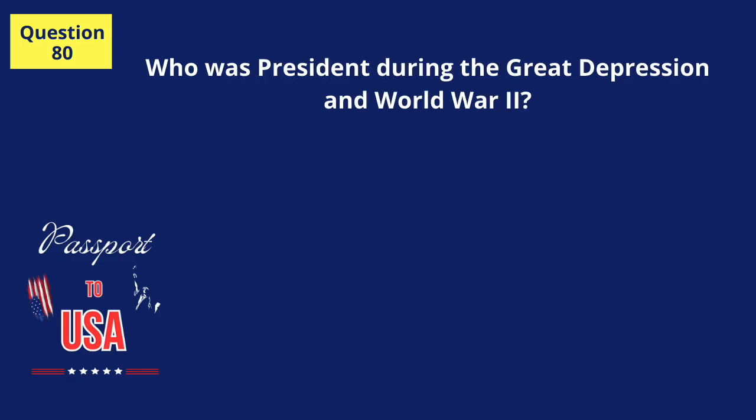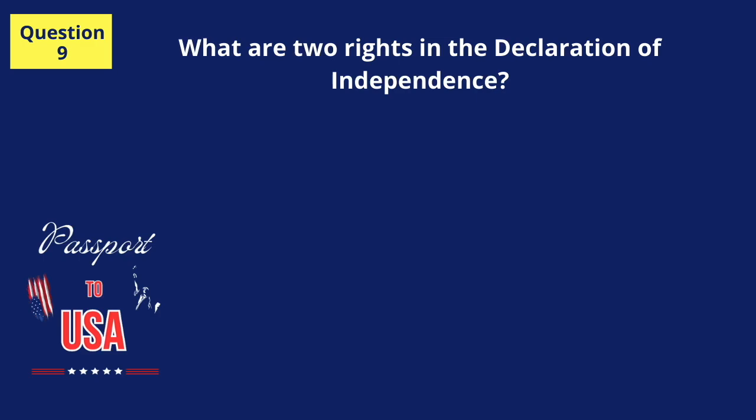Who was president during the Great Depression and World War II? Franklin Roosevelt. What are 2 rights in the Declaration of Independence? Life, liberty.